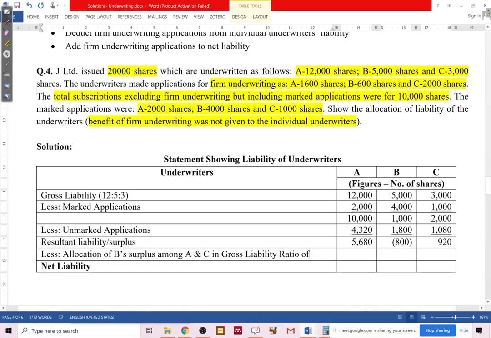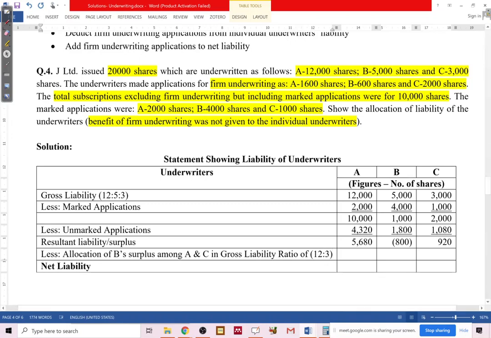In the gross liability ratio. Now what is the gross liability ratio? The original ratio is 12 is to 5 is to 3, but B is now not in the picture because he already has a surplus. So the remaining ratio will be 12 is to 3, right? The other two have the ratio of 12 is to 3.